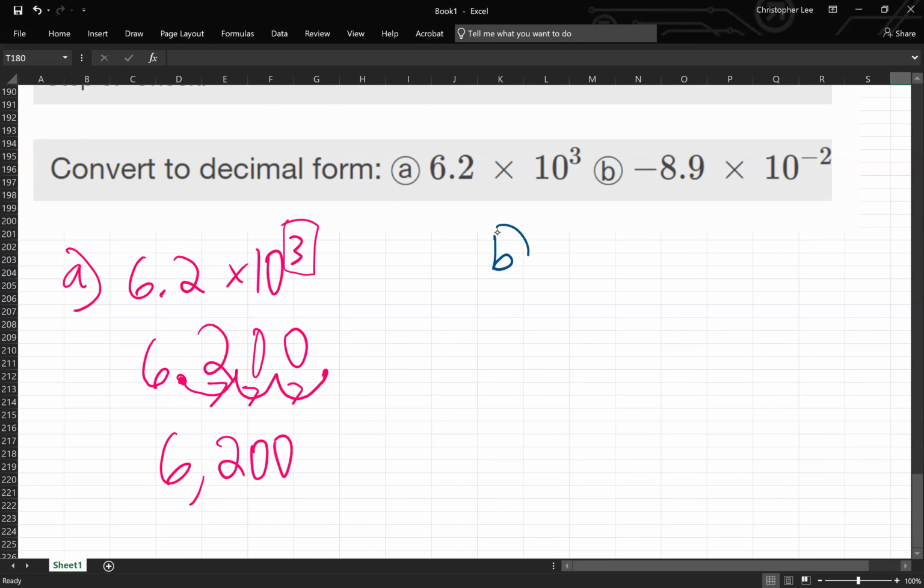So for B, I have negative 8.9 times 10 to the negative 2 power. So starting off with the negative 8.9, tell me what to do. Where am I going to move the decimal? To the left or the right?